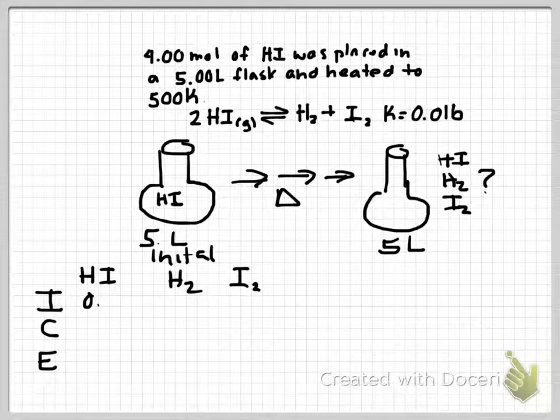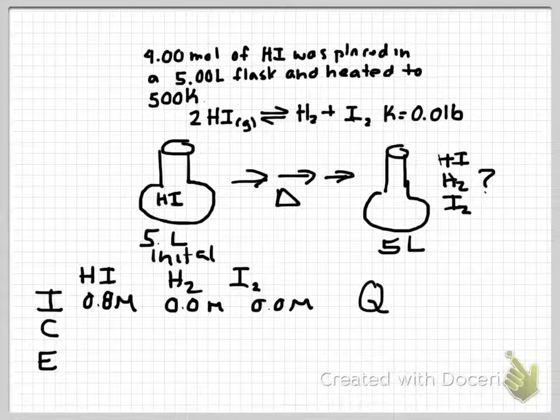So we have to calculate the moles per liter of our components. So in this case, I have 4 moles of hydrogen iodide in a 5-liter flask. So my concentration is 0.8 molar. My products at the beginning, since I only put hydrogen iodide in the flask, we can assume that we have 0 hydrogen and 0 iodine molecules.